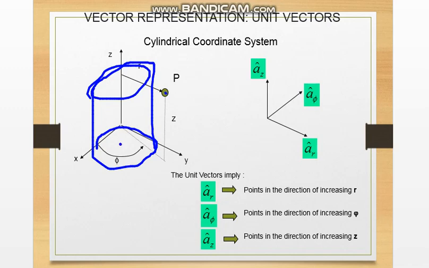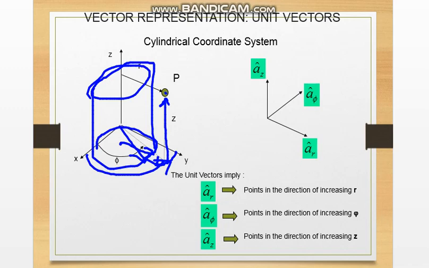First of all, there is a point of origin, and there is a radius from here to there. This radius is known as rho, and the angle is phi, which goes from the x axis to that rho, and then z, to find out the point in the cylindrical coordinate system.